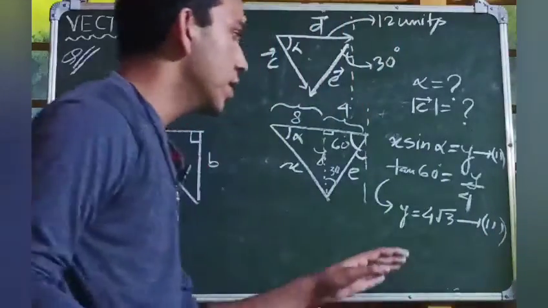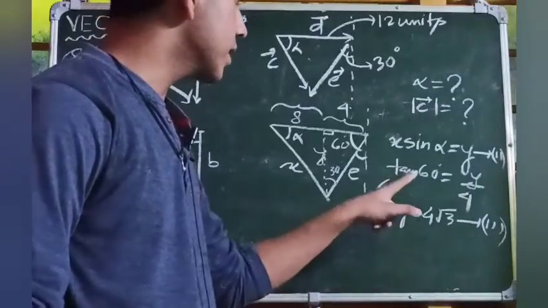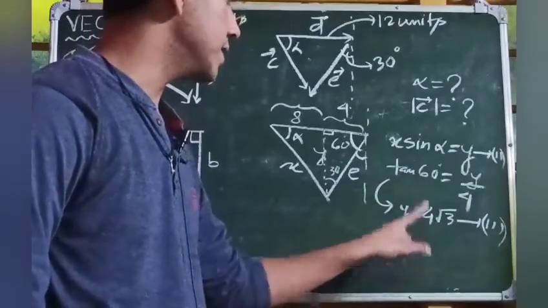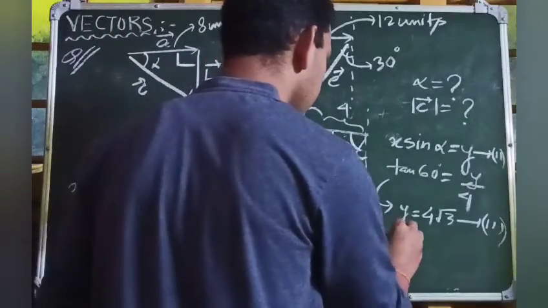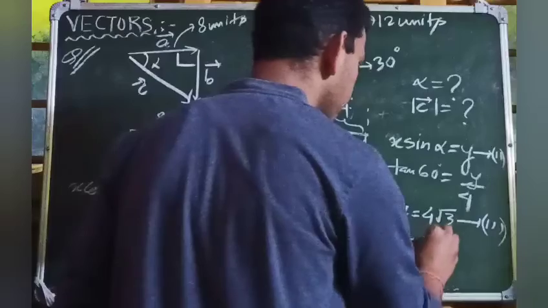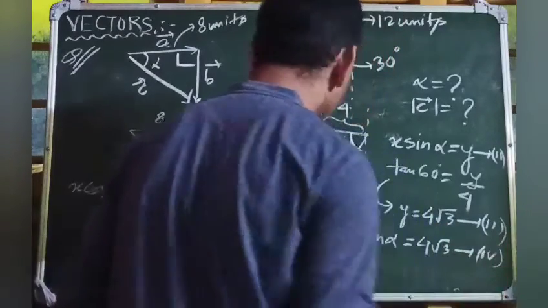This is equation 3. From equation 2 and equation 3, we are getting x sin alpha is equal to 4 root 3. This is equation 4.